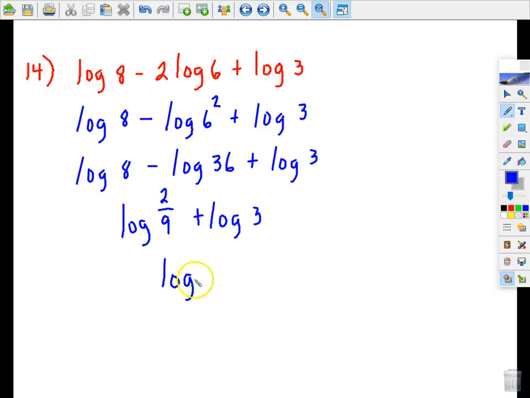So I'm just going to show it like this. Log of 2/9 times 3. Okay, and if you multiply 2/9 times 3, that's 6/9, which reduces to 2/3. So my answer for number 14 will just be log, again it's base 10, log 2/3.